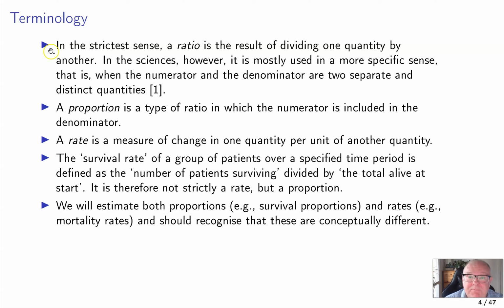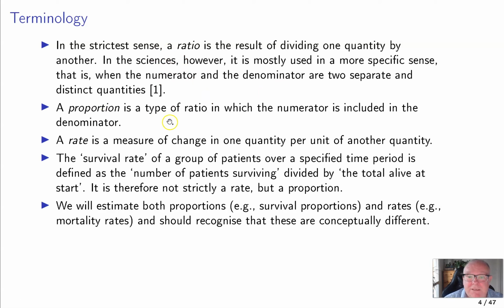Strictly, a ratio is the result of dividing one quantity by another. In the sciences, however, it's mostly used in the more specific sense when the numerator and the denominator are two separate and distinct quantities. The numerator is the top bit of the fraction, the denominator is the bottom bit.